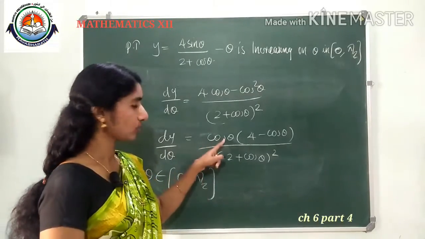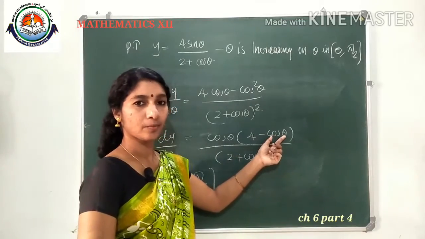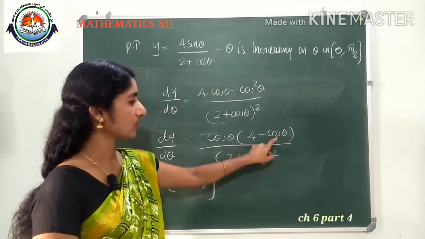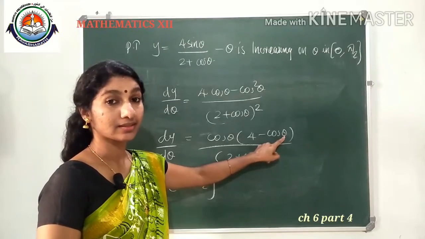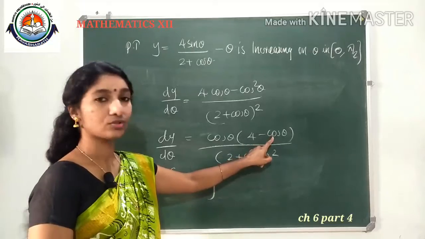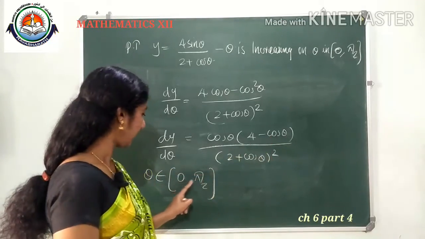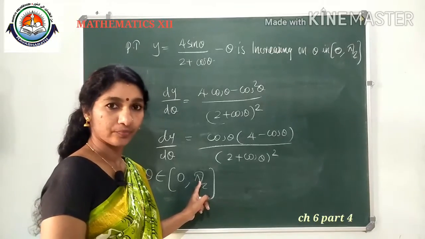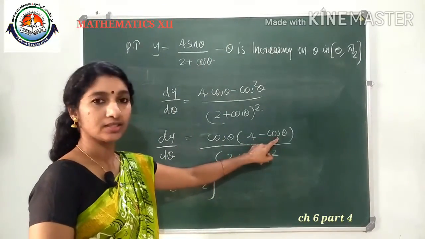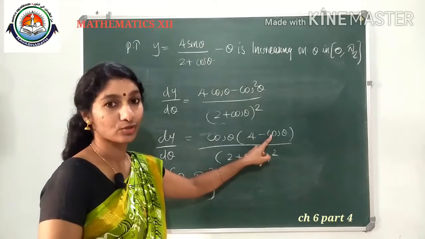And what about 4 minus cos theta? The maximum value of cos theta will be 1. So in the interval 0 to pi by 2, the value goes from 1 to 0 only. Cos 0 is 1 and cos pi by 2 is 0. So the maximum value is at 0, that is 1. So 4 minus 1 is positive.